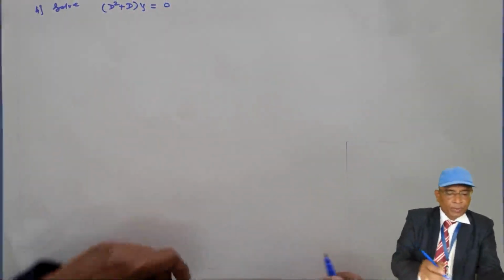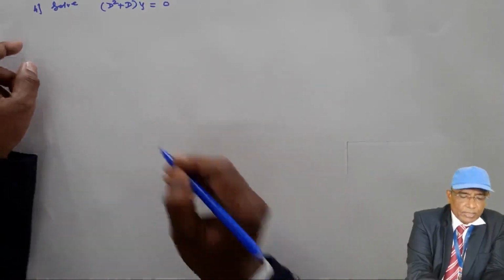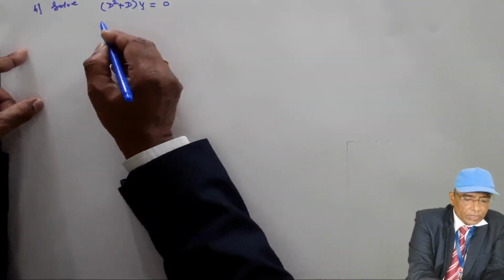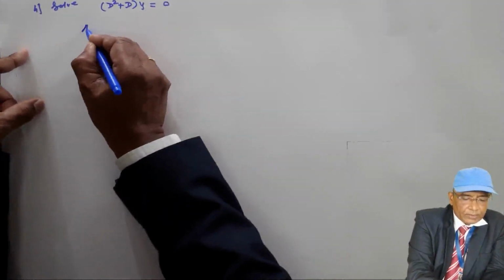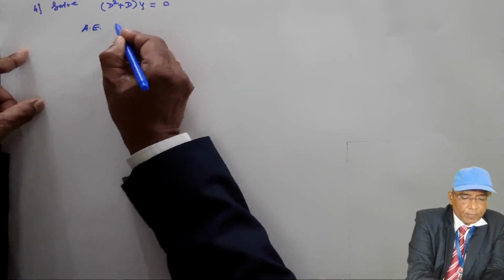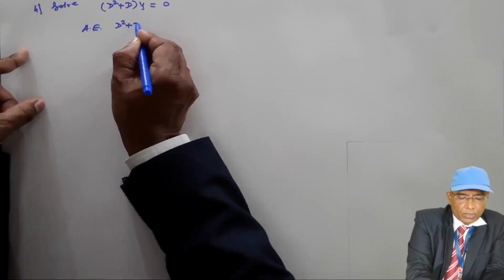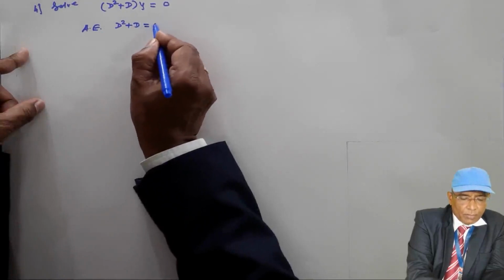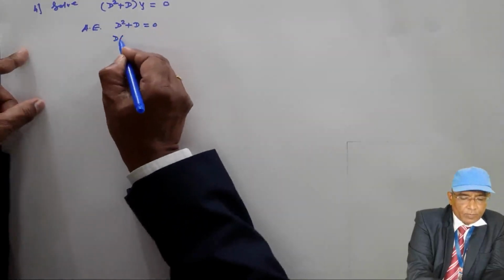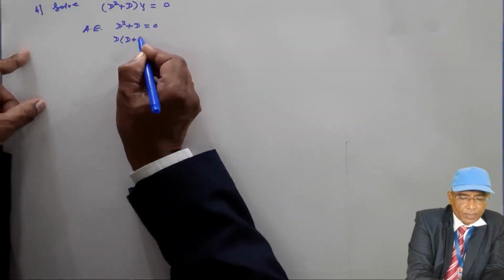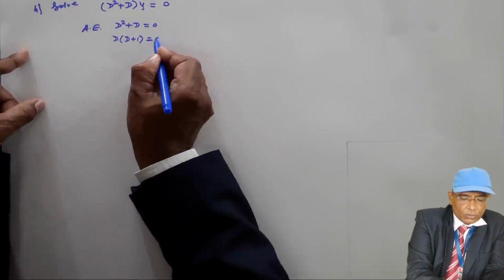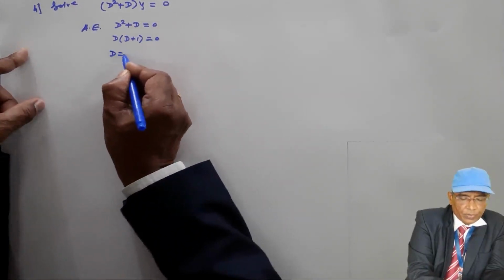Now, this equation is already given in terms of D. The auxiliary equation is D square plus D is equal to 0. D is common, D into (D plus 1). Then D is 0, D is minus 1.